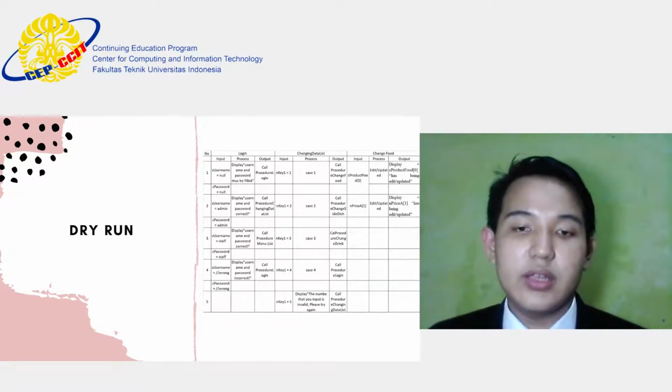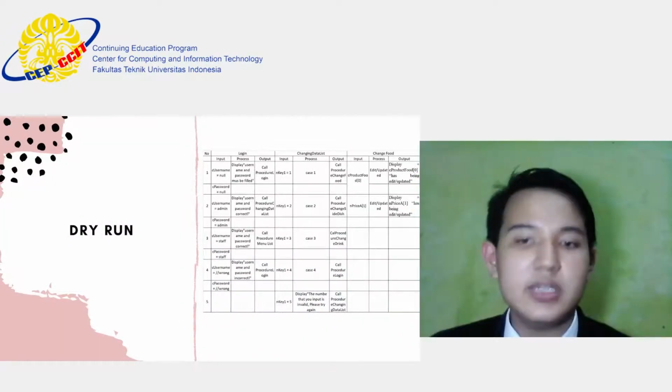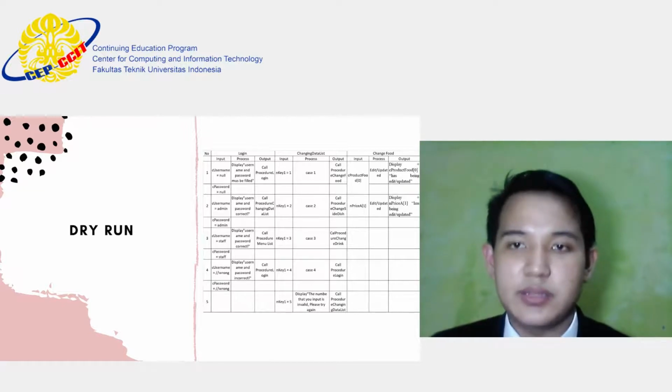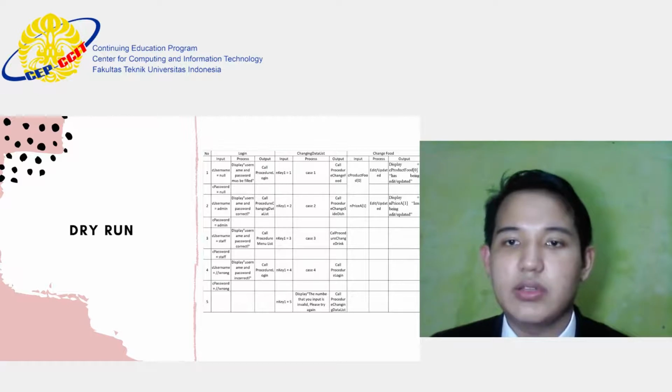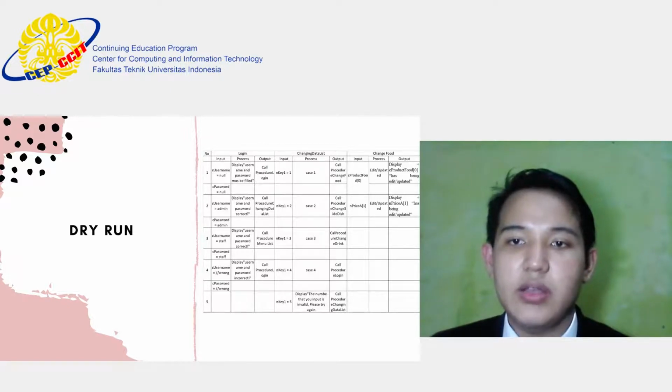And the fourth, if the input C username or C password is wrong, the process will display the error message. Bracket 1 or array 1 has been edit/update. For the changing is the same as before. From the first is C product ring 1. The process edit slash update, the output display plus C product ring bracket 1 or array 1 has been edit slash update.